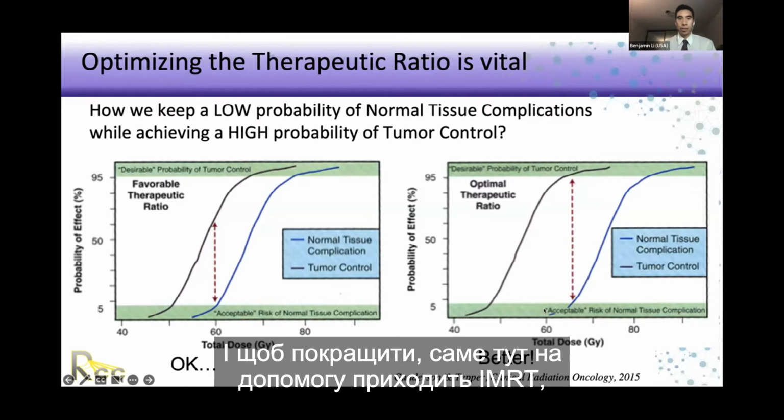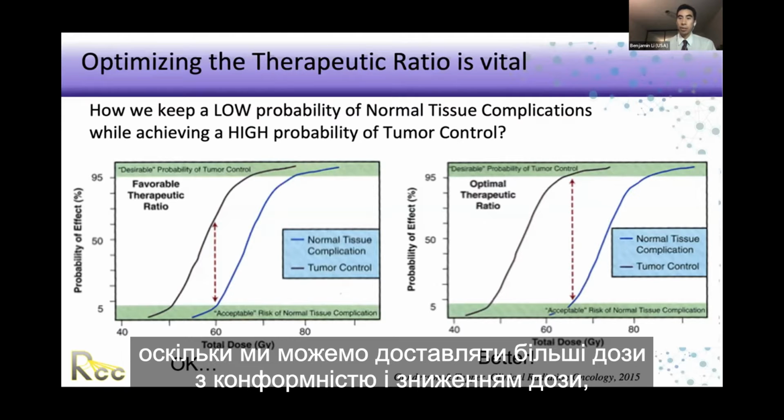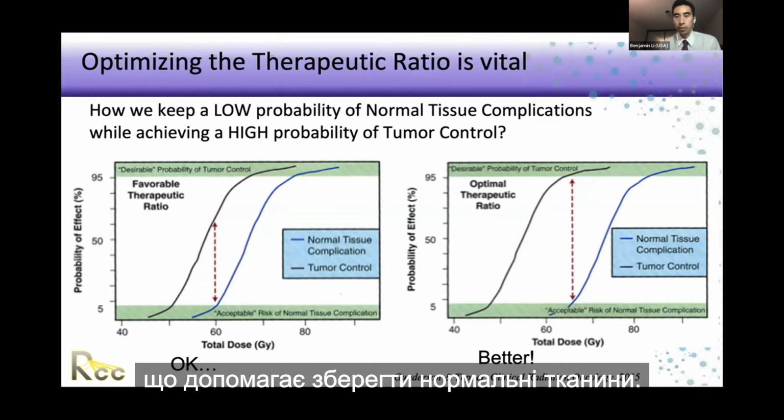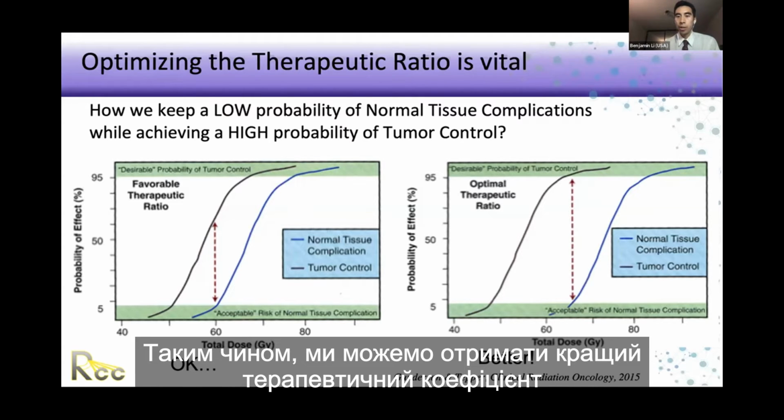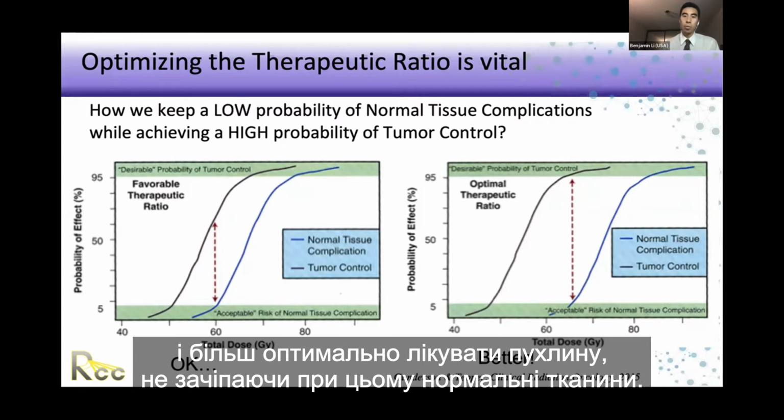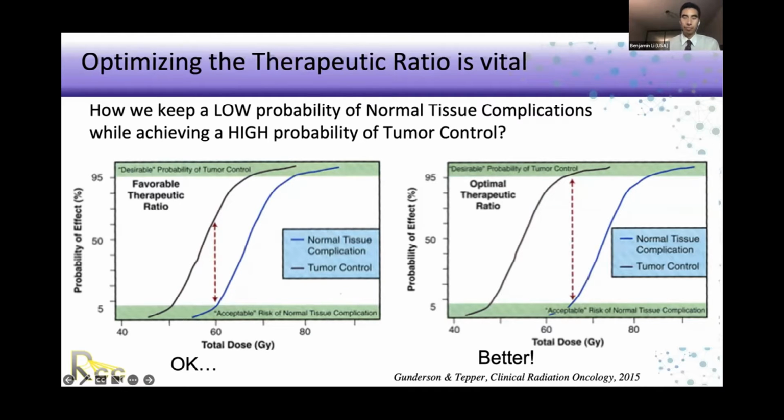And to get better, this is where IMRT comes in, because we can deliver higher doses with conformality and dose fall off that helps spare the normal tissues. And so we can get a better therapeutic ratio and more optimally treat the tumor while sparing the normal tissues.